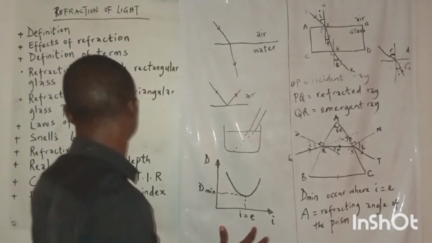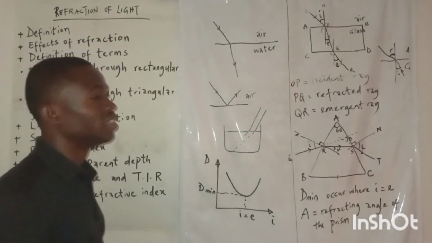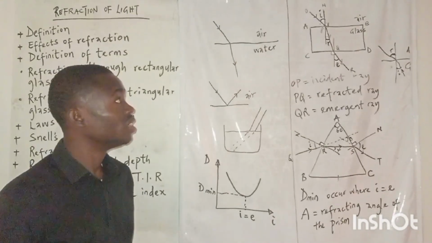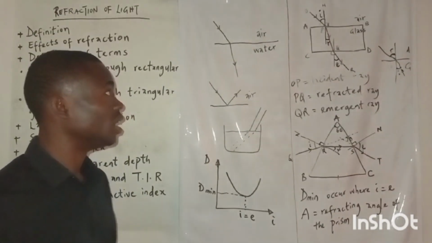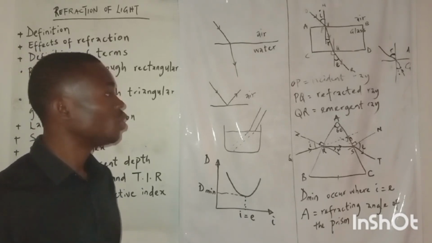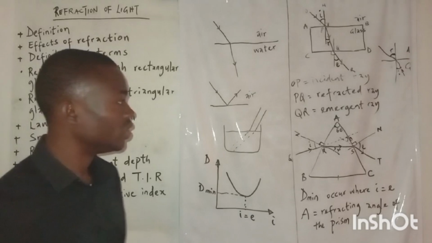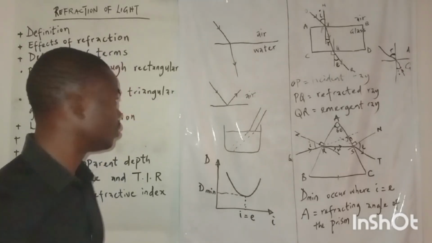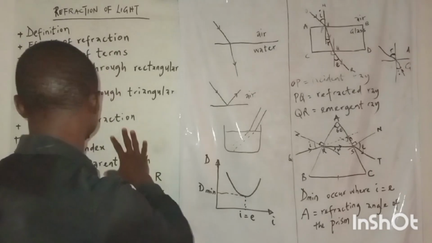So that's it for this one now. We've been able to define the incident ray and the incident angle. We have also defined the refracted ray and the refracted angle. We have also defined the emergent ray and the emergent angle. We have equally defined the angle of deviation, and then that's it.